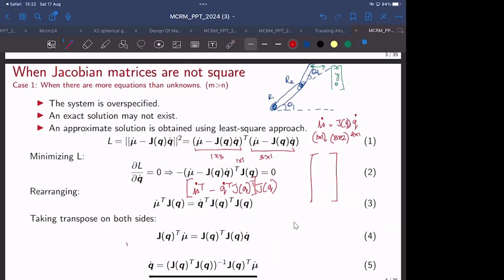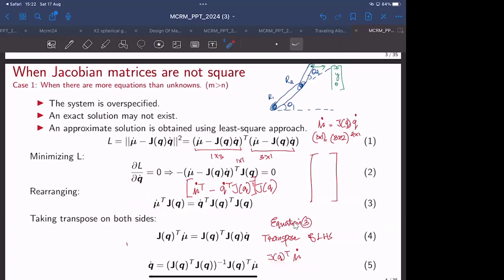Okay, so if I take equation 3, and I am taking the transpose of the LHS, what will we get? That will be J of q transpose mu dot, right? Because there is already a mu dot transpose, so mu dot transpose, the whole transpose, would be mu dot.